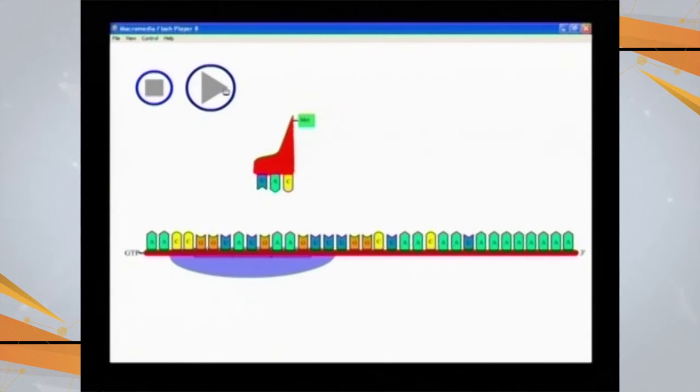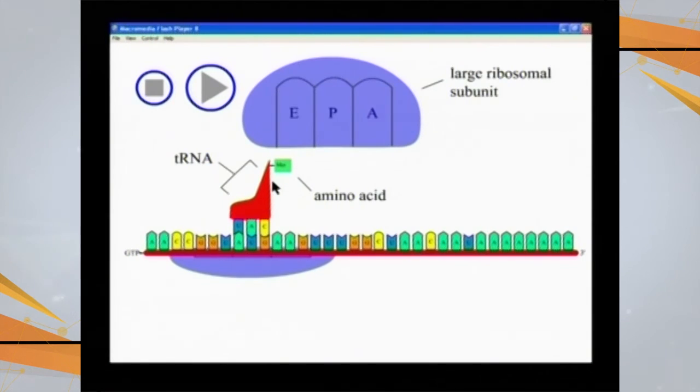Then there is another variety of RNA called transfer RNA that is going to bring a specific amino acid according to the genetic codon. So one was the genetic code which was there in the DNA, and this triplet of nitrogenous bases present on messenger RNA is called a codon.